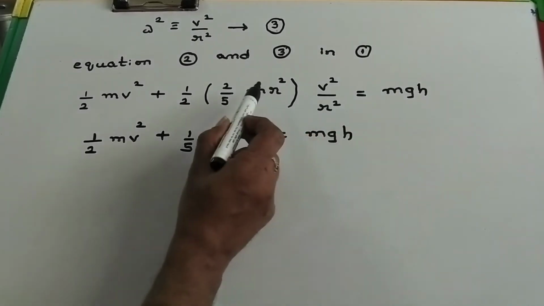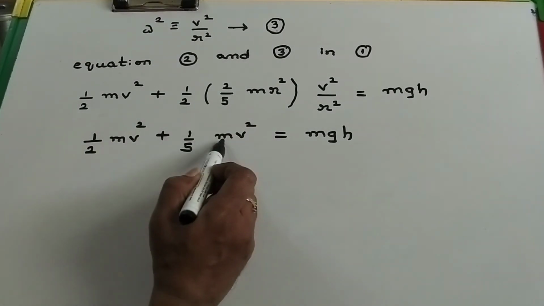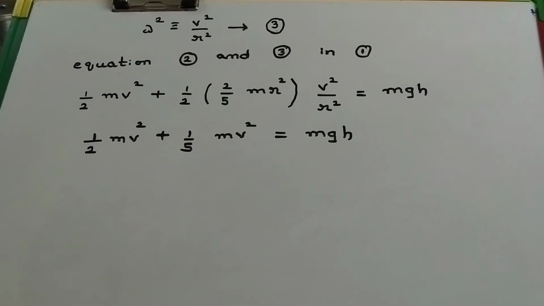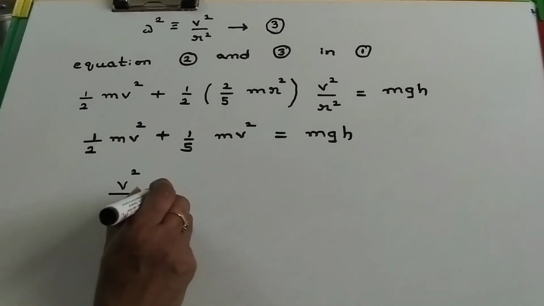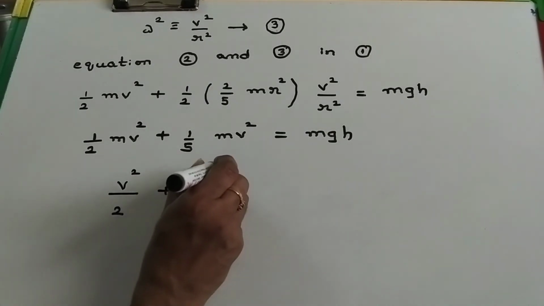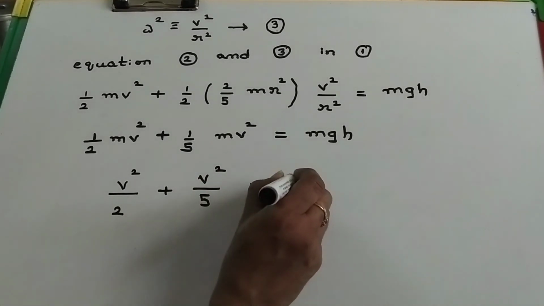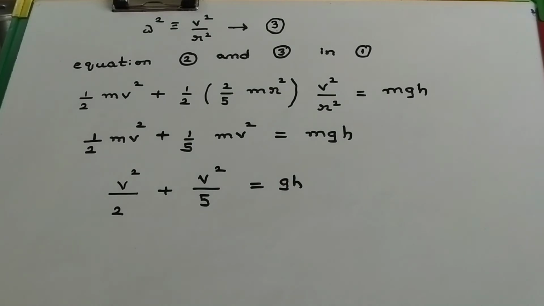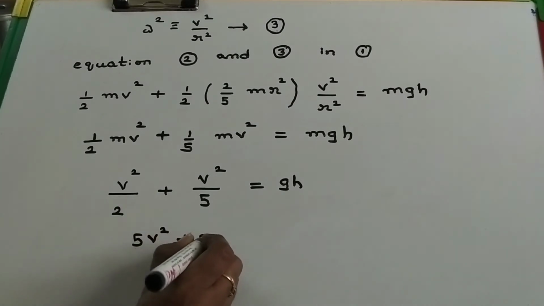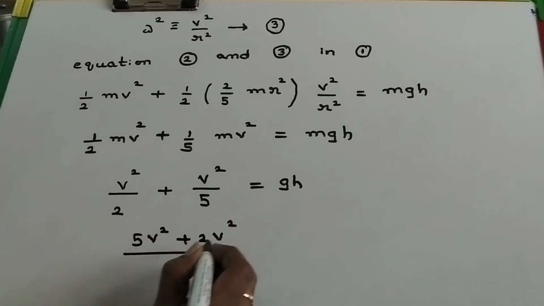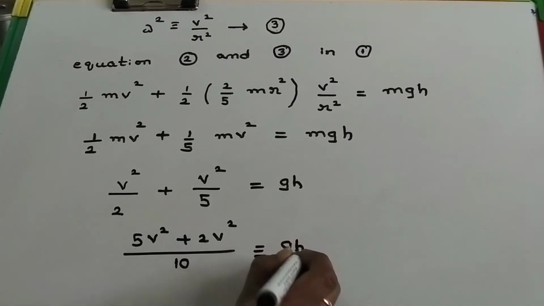What happened? r² cancels, 2 cancels. Therefore 1/5 mv². From this, v²/2 + v²/5 = gh. Therefore (5v² + 2v²)/10 = gh.